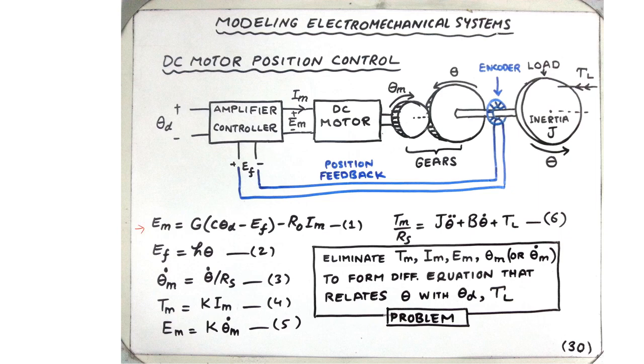The first of them is going to be the equation of the amplifier controller over here. It is again used as a differential amplifier. In this case, we are going to subtract EF from C times theta D. So a constant C has been introduced, which is not very difficult by just changing the resistances inside the controller amplifier.